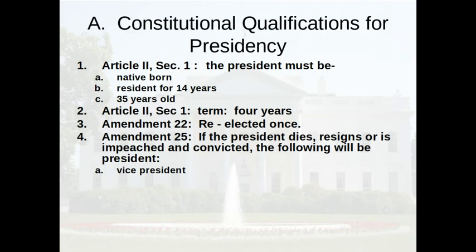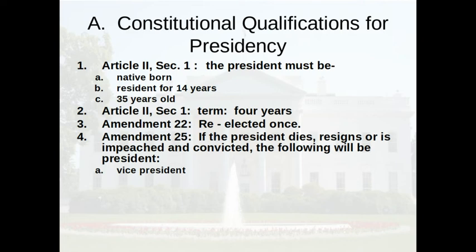And believe it or not, before Amendment 25 was passed, the Constitution said that the vice president would just assume the powers. It never actually technically said the vice president became the president. We just decided to start doing that. But Amendment 25 made it official.